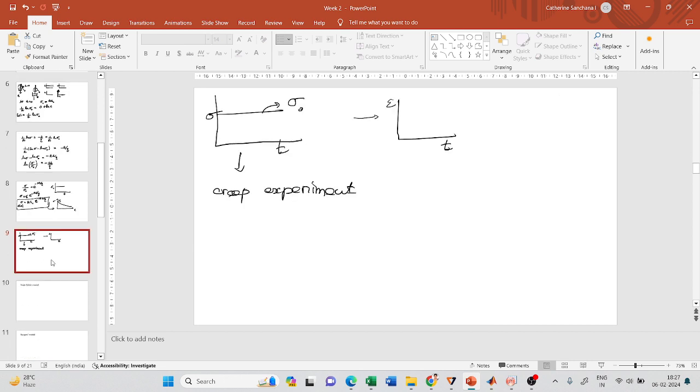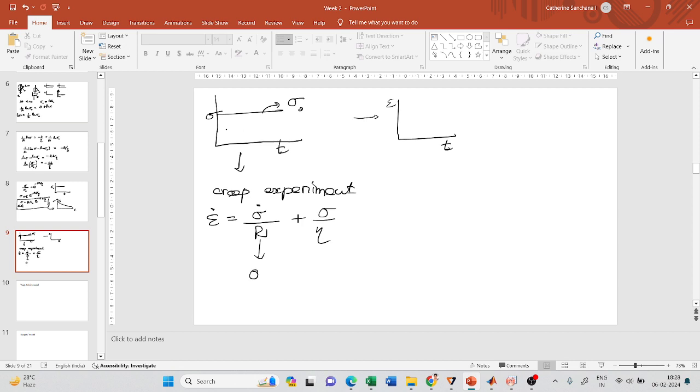So let me go and write the constitutive equation first. Sigma naught divided by, sigma dot divided by r plus sigma divided by eta. In this equation, this sigma dot is 0.